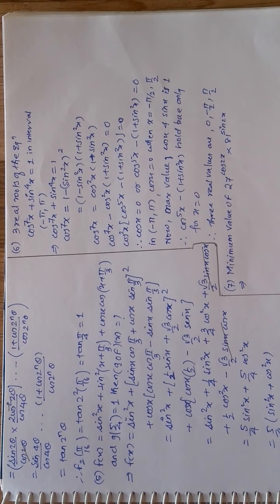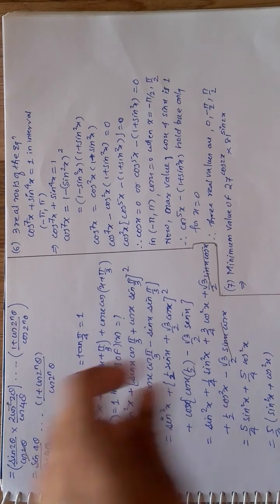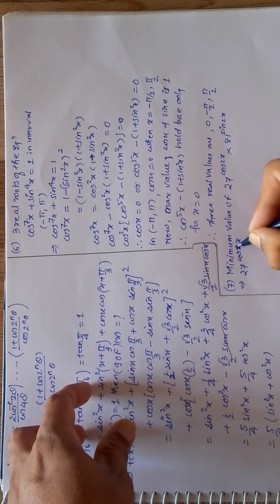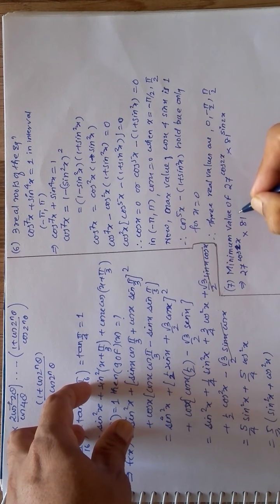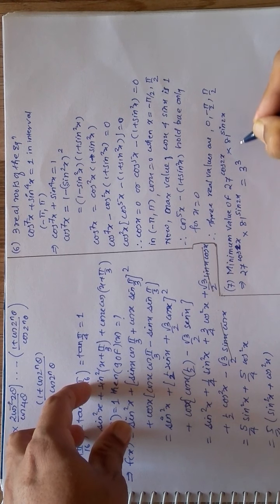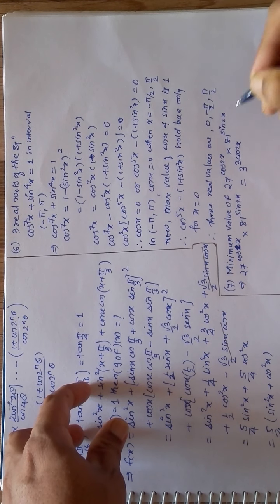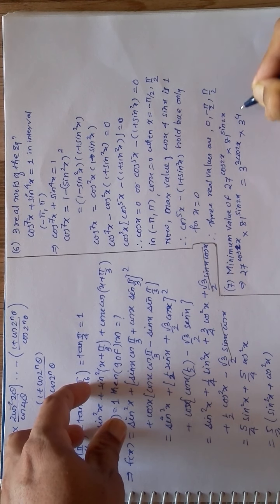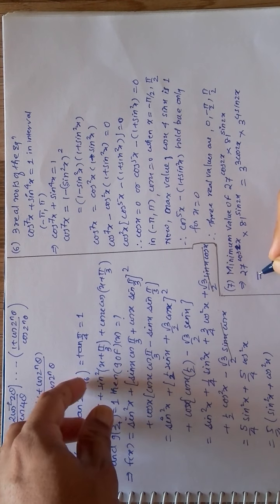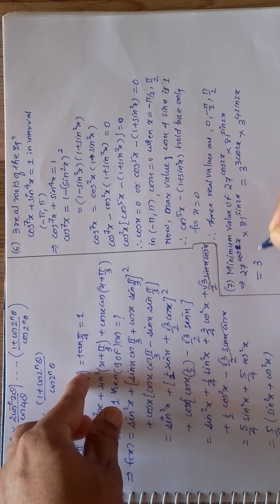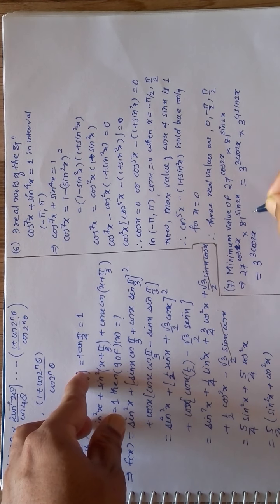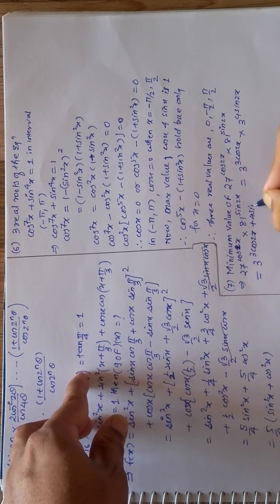If you see, there is a common thread between these; you cannot stop yourself from writing 27 raised to cos 2x into 81 raised to sin 2x as 3 raised to 3 cos 2x, 3 cube is 27, into 3 raised to 4 sin 2x, which in turn will take you to the index rule, that is a raised to m into a raised to n is equal to a raised to m plus n, that is 3 cos 2x plus 4 sin 2x.